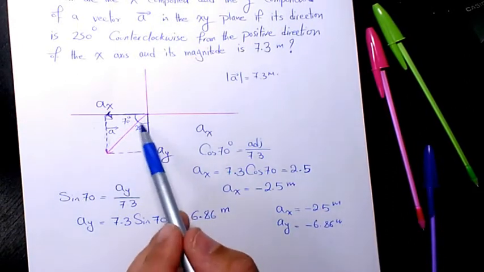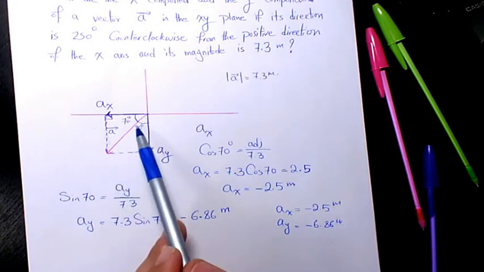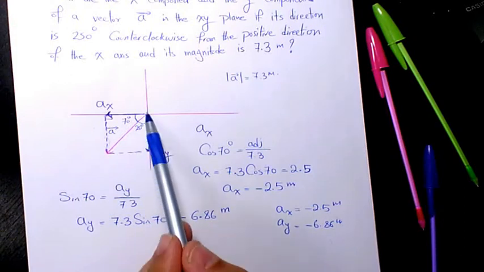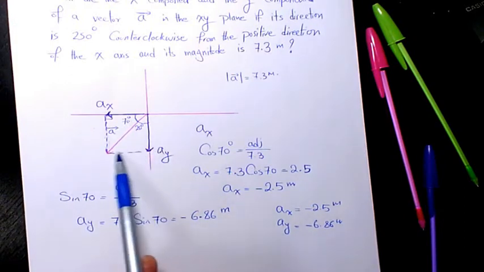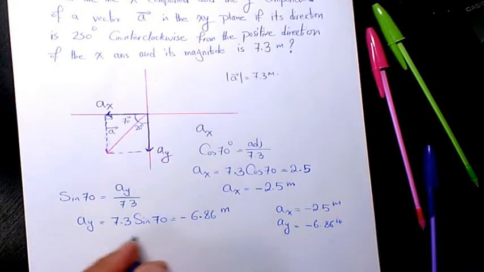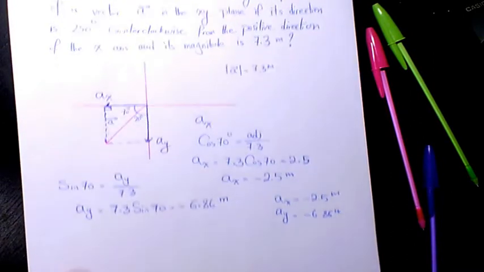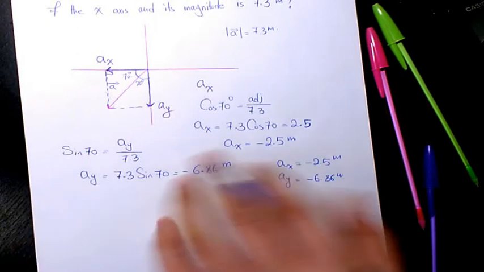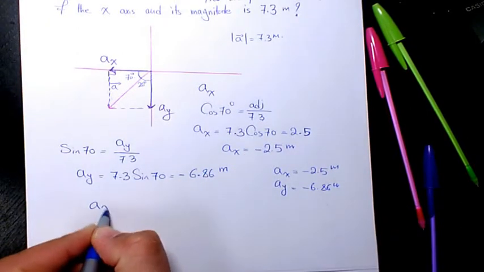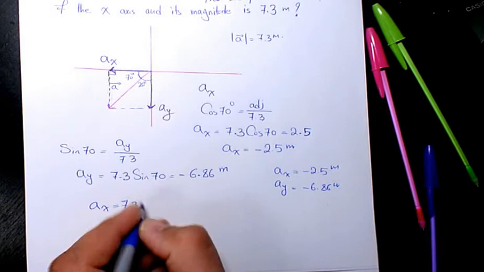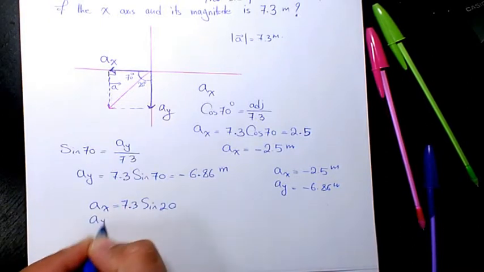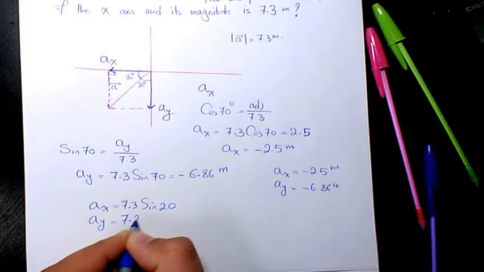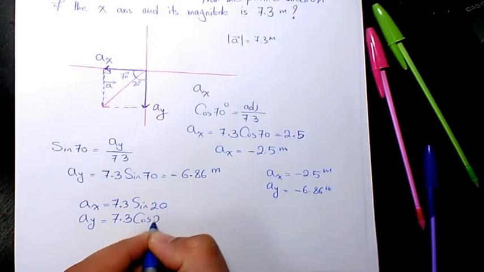We could also use this triangle here. In this triangle we have 20 degrees, so in this case ay is going to be the adjacent and ax is going to be the opposite. So you could say ax equals 7.3 sine 20, ay equals 7.3 cosine 20.